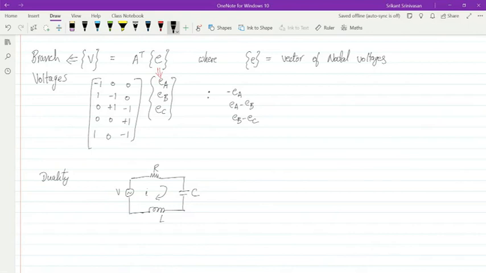What is the equation that you have to write over here? If you want to know the equation of this system, you have to say that V is equal to the sum of the voltage drops across this whole circuit. So V is equal to IR plus L di by dt plus 1 by C integral I dt.